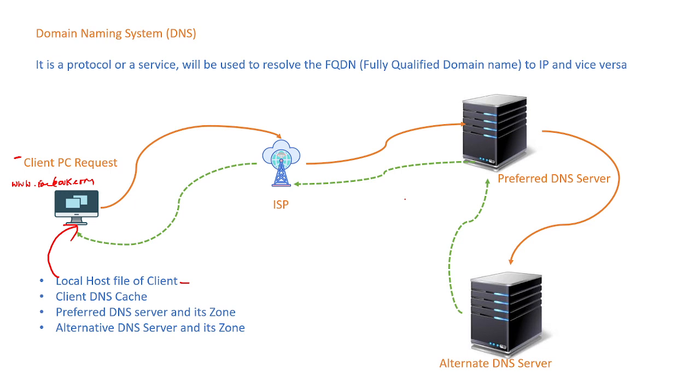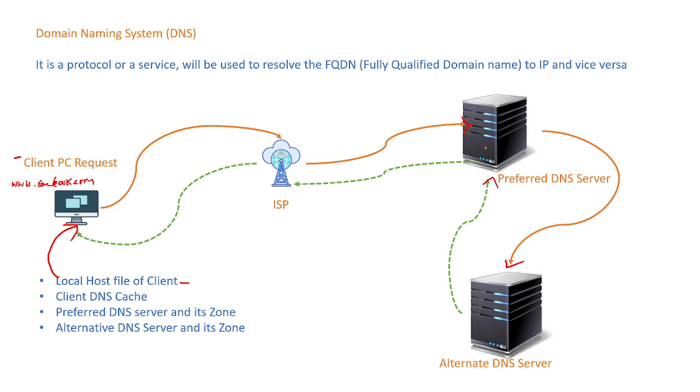If it is not available there, it will say, I don't have any entry called facebook.com, but I have a colleague who is also performing the DNS role, so I will forward the query to that DNS server. Then if the entry is available in the alternate DNS server, it will say, yes, I have an entry called facebook.com and the IP address is 1.2.3.4, for example.